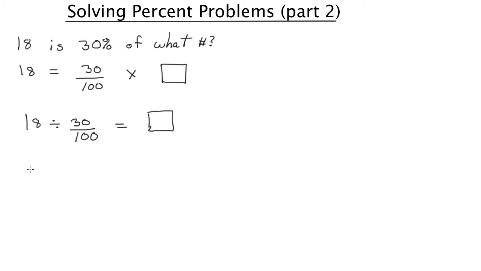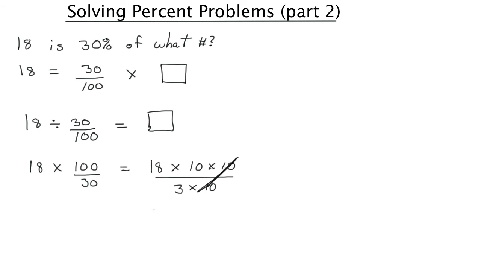18 divided by 30 hundredths, that's the same as 18 times 100 over 30. I can simplify this. 100 and 30 have a 10 in common, so I can take the 10 out. In other words, I'm doing this. 100 is 10 times 10, and 30 is 3 times 10. 10 and 10 make 1.